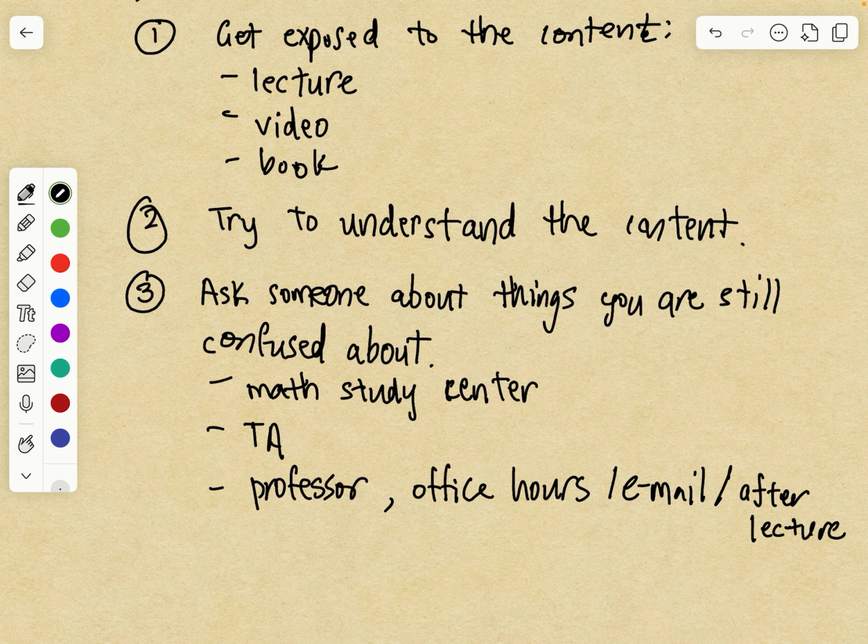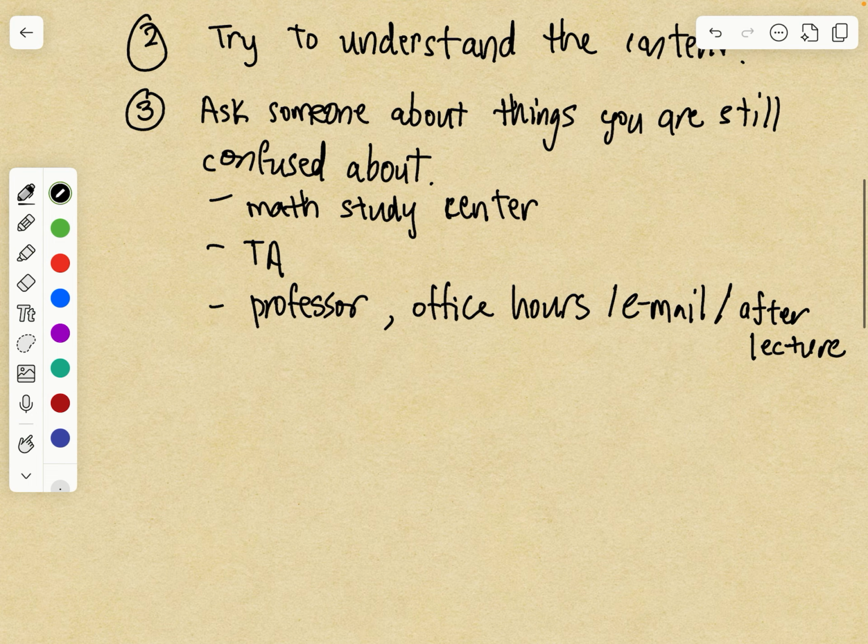In general, it's much more efficient and much faster to get answers to your questions if you can find someone who can provide that personalized response. When you're watching videos, those are not personalized. The person who makes those videos, they don't know who you are, they don't know what kinds of questions you have, so it's often not the best medium for getting specific questions answered. Okay. So that's step 3.